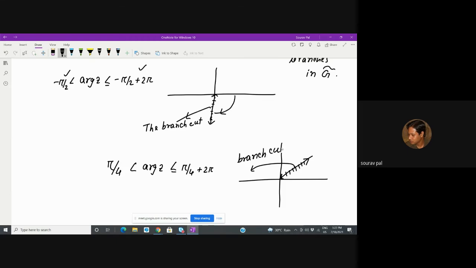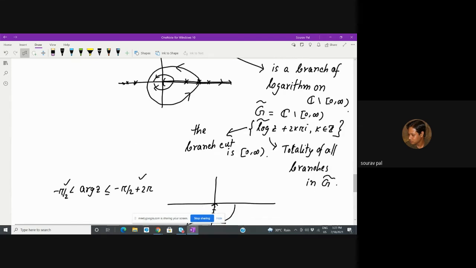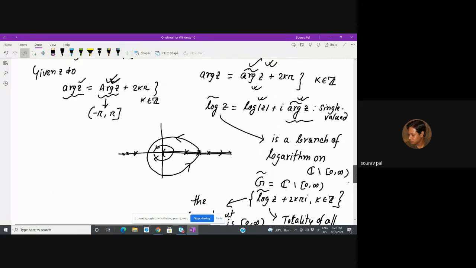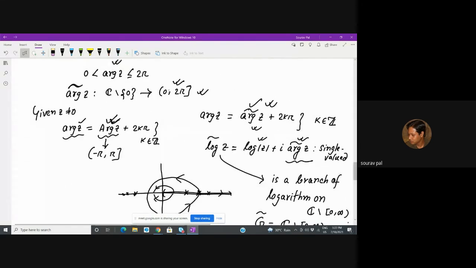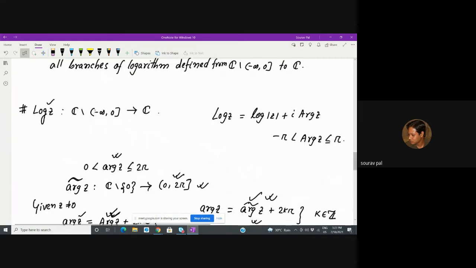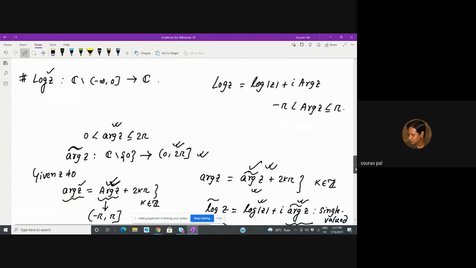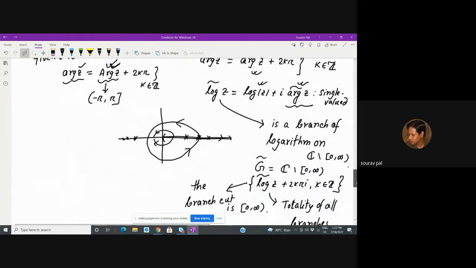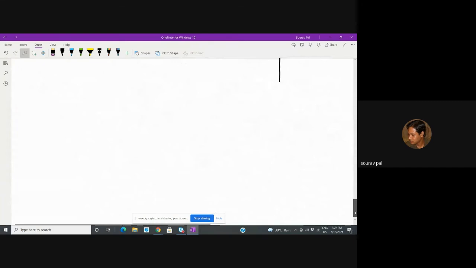You just notice one thing: whenever you are removing one line, you are removing the half line whose one endpoint is 0 always. Have you noticed this? Here also, 0 was included here. So this point, which is common to all branch cuts in a region, is called a branch point.